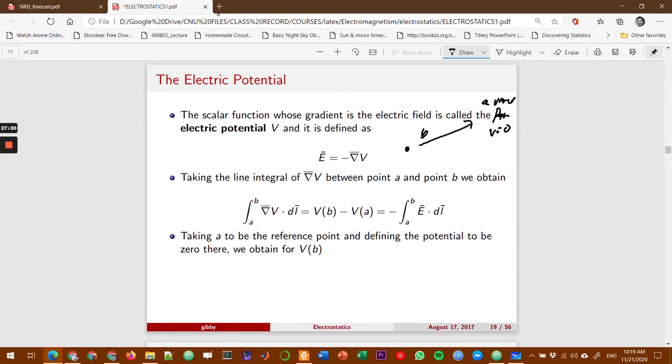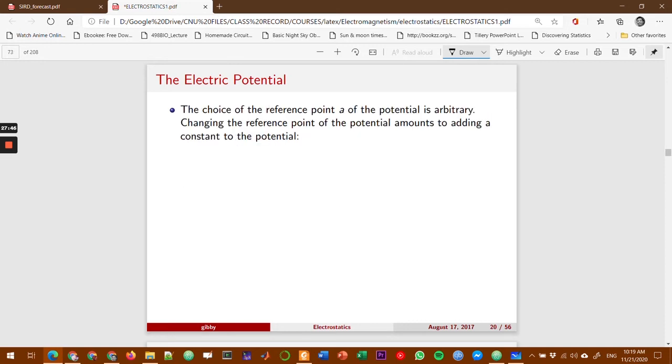Right? So we are left with the potential V at B. So we have this, the integral, since VA is 0. So we get this.